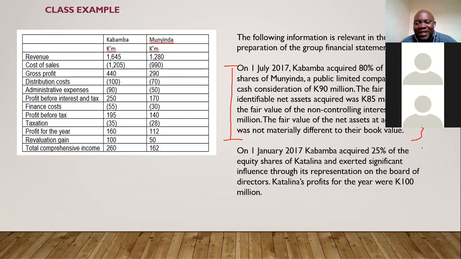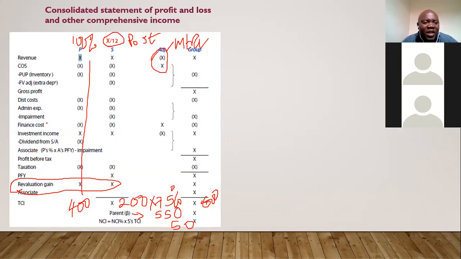What is she trying to tell us? That we have an associate there. Yes, we have an associate, and any profits due to Kavamba will need to be taken care of, which will come here.